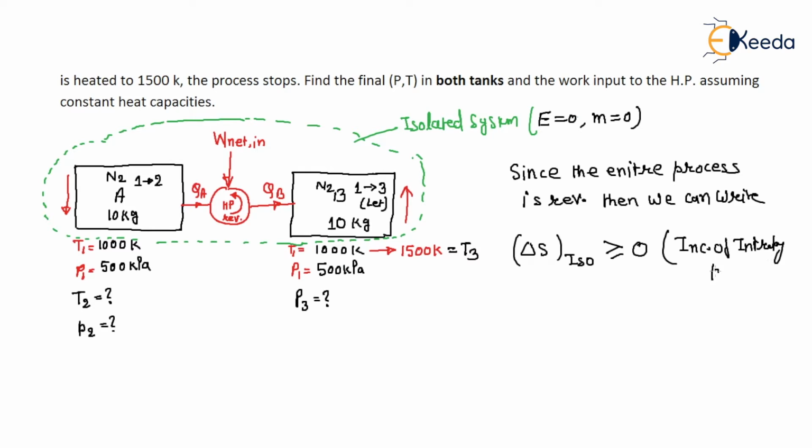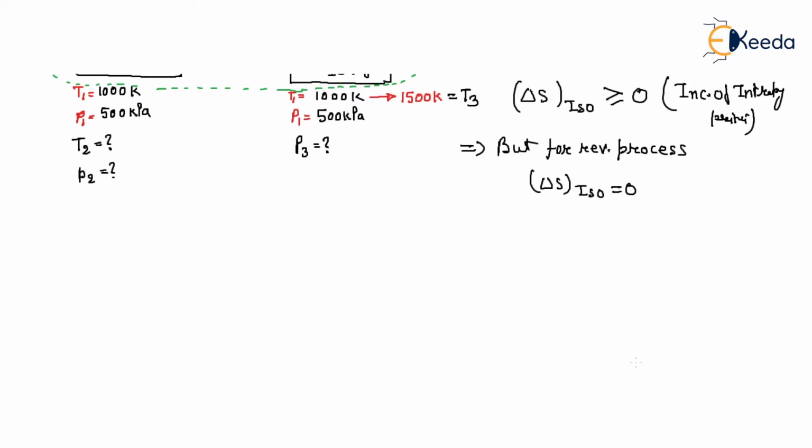But for a reversible process, delta S of isolated system is equal to 0.